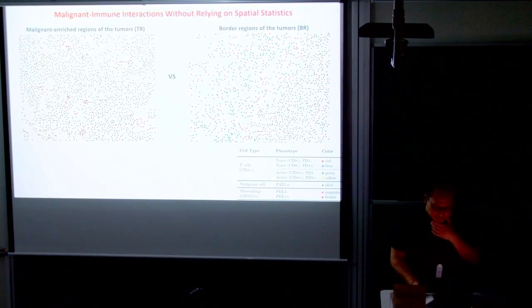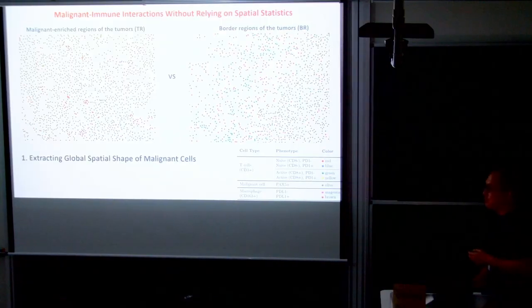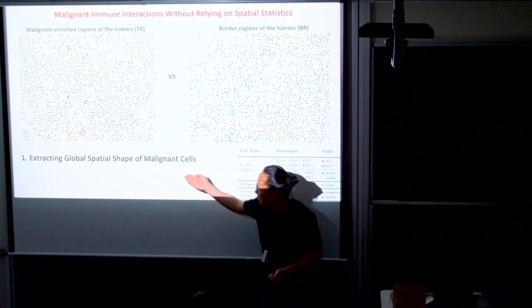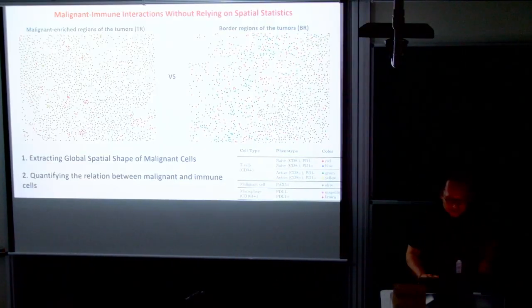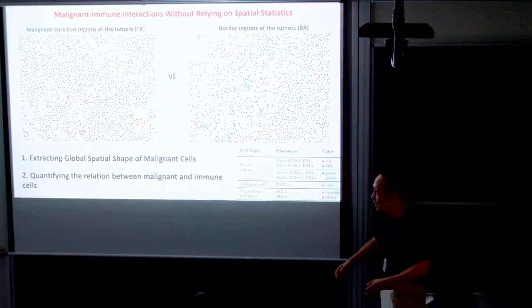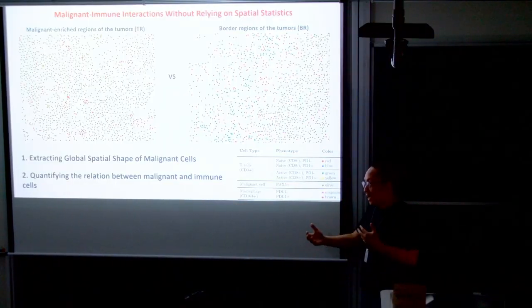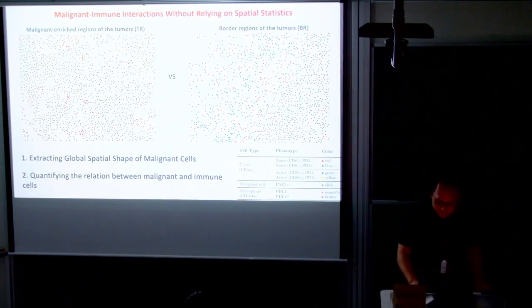What we want to do is look for some explainable spatial correlations between the cancer cells, the malignant cells, and the immune cells. That is the spatial correlation we want to find. The second question is basically quantifying the relation. But in order to quantify the relations, we need to know how we can analyze and extract some of the information from this point cloud.